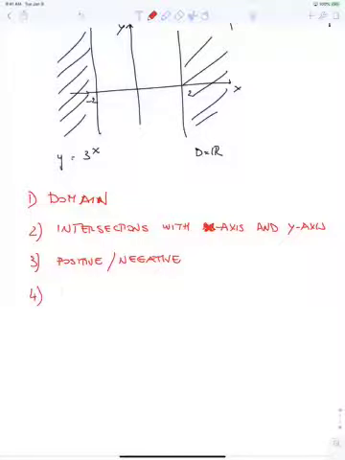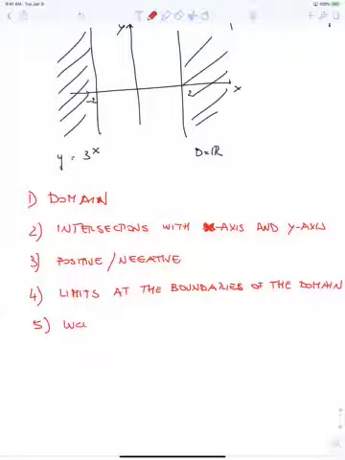Somehow we would like to study the limits at the boundaries of the domain. And we would like to study where the function is increasing or decreasing.